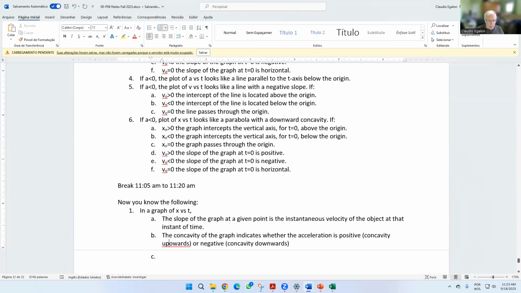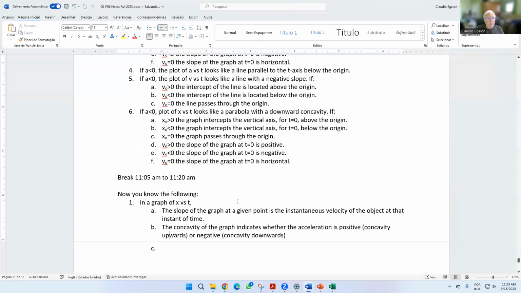Like that, upwards. Okay, in a graph X versus T.